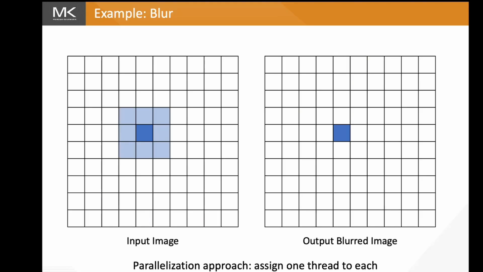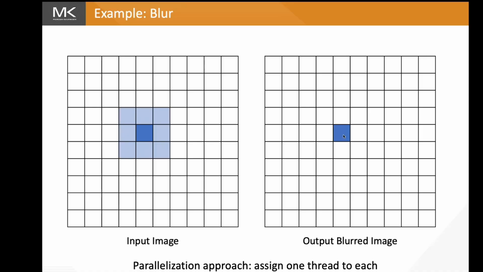Okay. So the strategy would be kind of similar to what we had in the previous example. We can assign one thread to each output pixel, right? And that thread in the output pixel would be responsible for computing the average of the corresponding pixel in the input image and the pixels around that image.